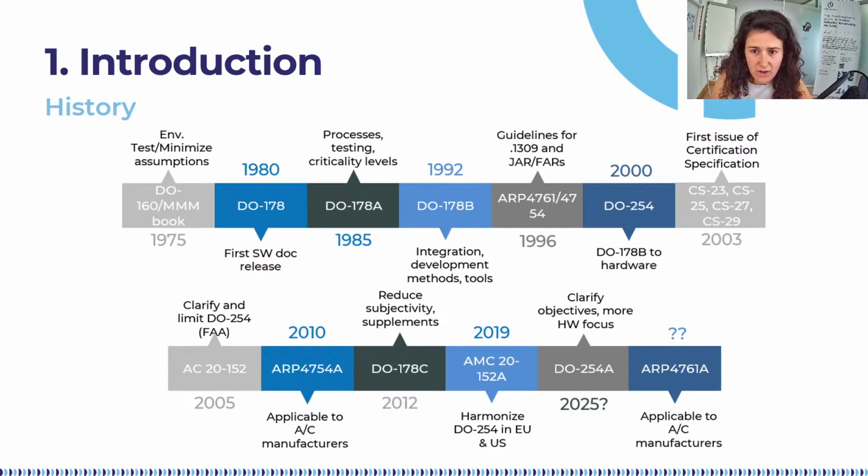When these guidelines appeared, that is where the IDAL allocation process was defined. After that, the DO-254 was developed to validate the requirements for complex hardware. And then the CS-23, CS-25, CS-20, all the CS were developed in 2003. And so on. Different amendments of the rules were produced after that.